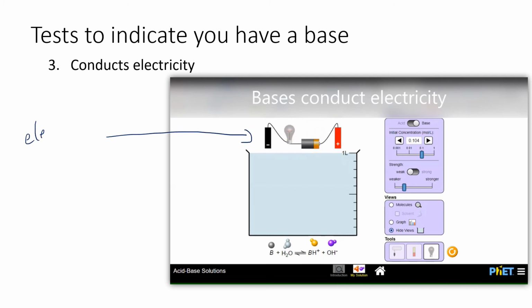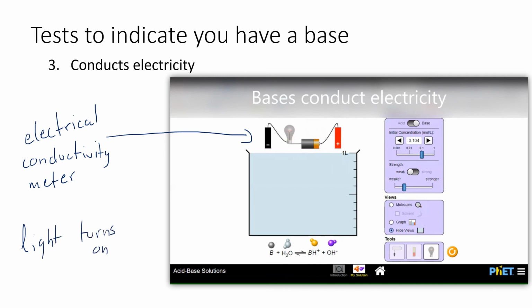So the electrical conductivity meter is basically a light bulb that's attached to a battery and it has two wires. So when we put it in our electrolyte, the electric current travels through the liquid and allows the light bulb to turn on. So for a base, because it's an electrolyte, it will conduct electricity and our light turns on.